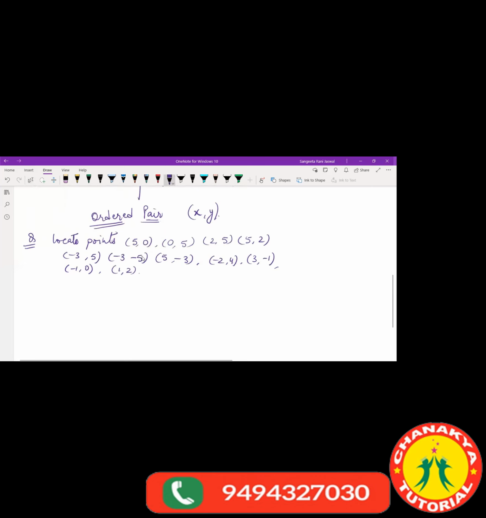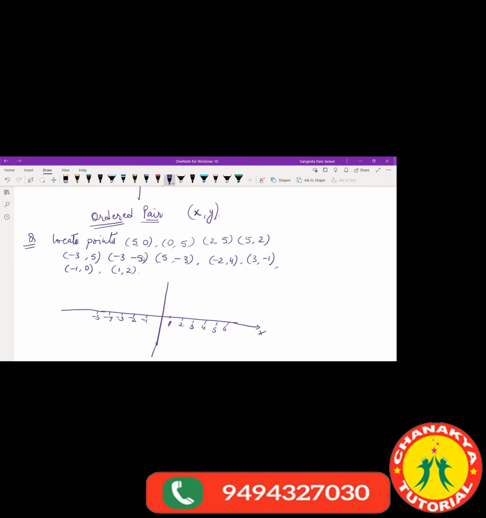Okay, so I should also do with you. I'll explain you a few points. So now this is the coordinate axis I'm making. 1, 2, 3, 4, 5, 6, and so on. Here we have negative x-axis -1, -2, -3, -4, -5, and so on.